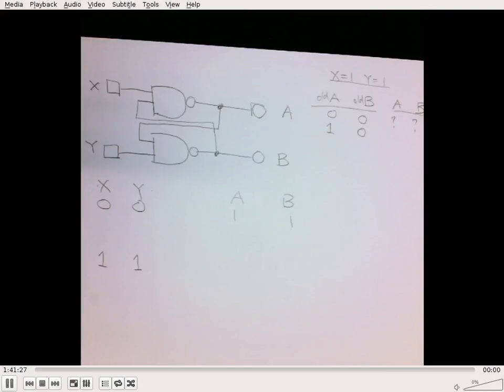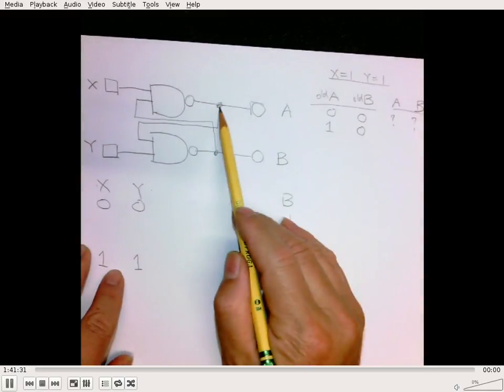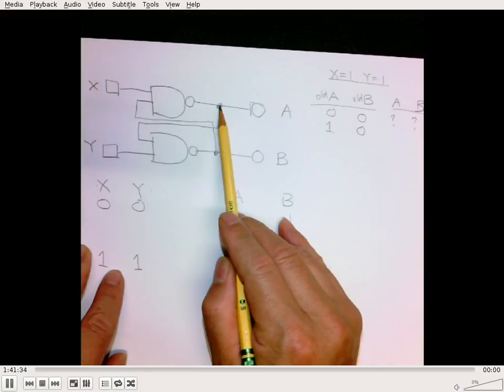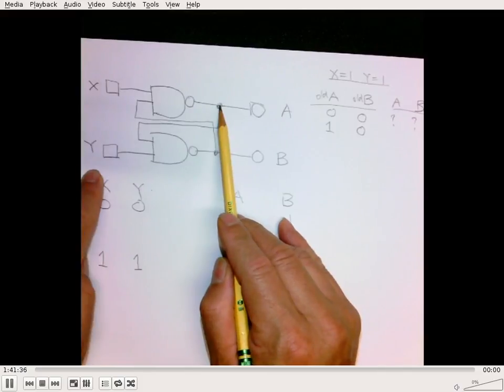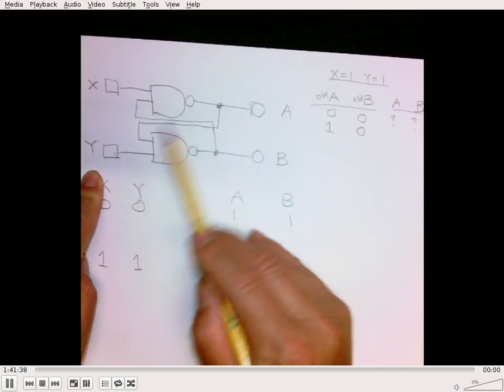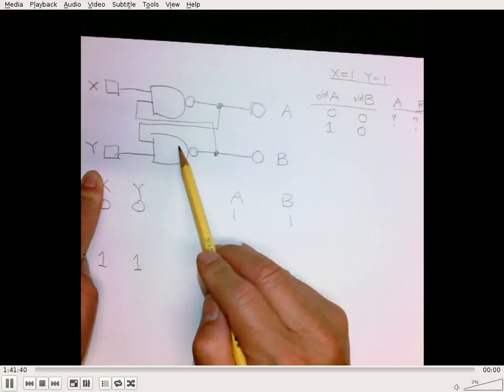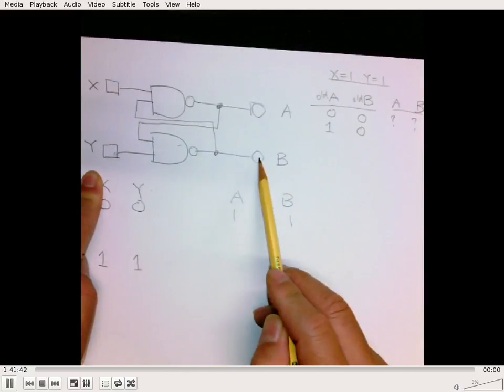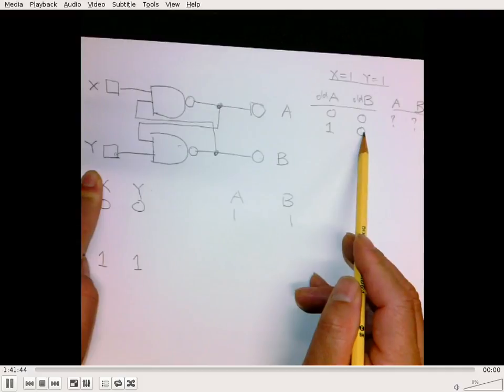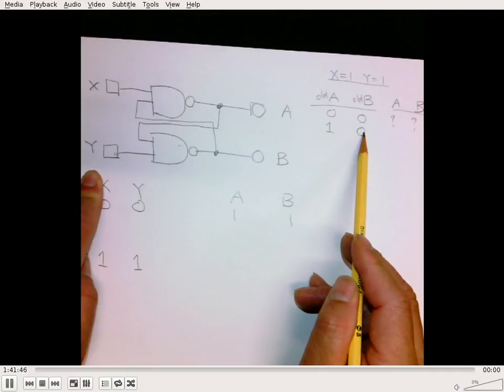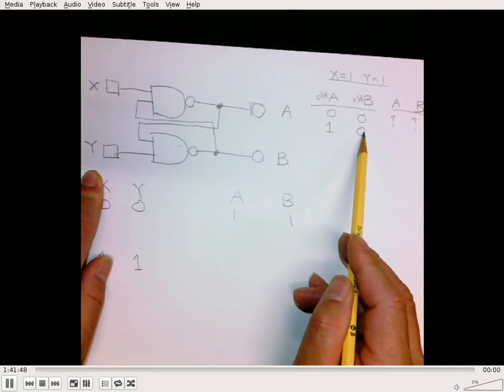Well, think about it. Let's go ahead and simulate. A was a 1 already. Y is also a 1, so you have 1 and 1, which is 1. But since this is negated, B is going to be a 0. But B was a 0 already, so we have no state change for B. What about state change for A?